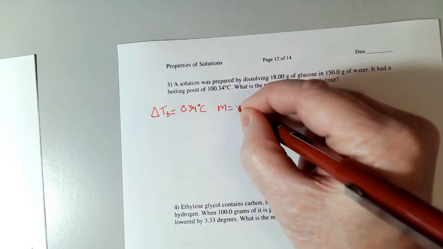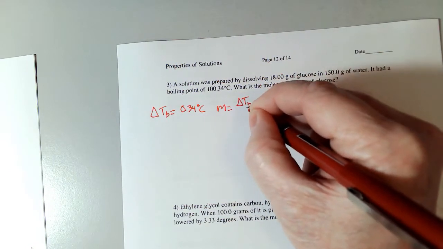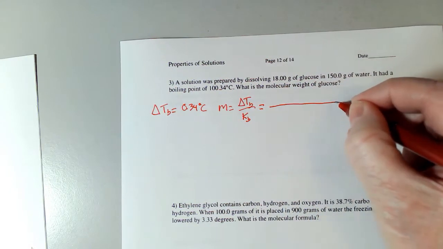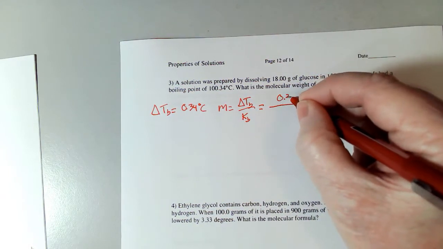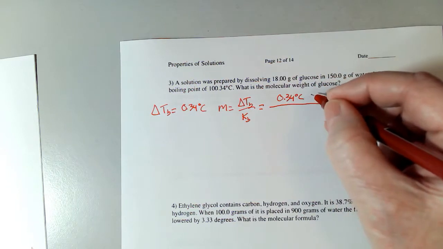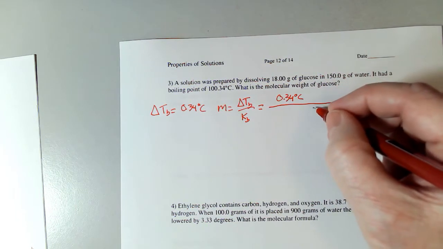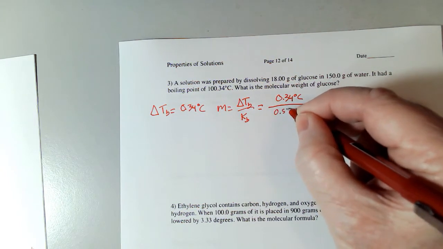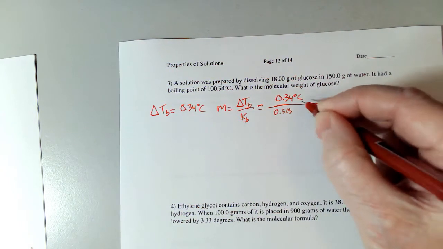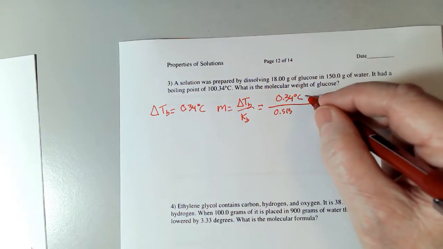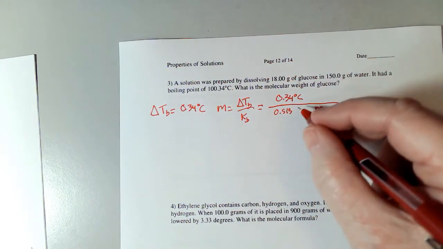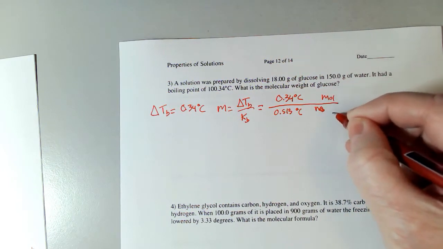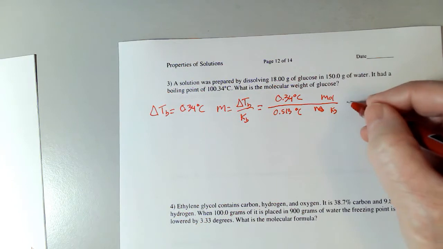So the molality equals delta TB over KB, which equals 0.34 degrees Celsius over 0.513 degrees Celsius mole per kilogram, or per molal.